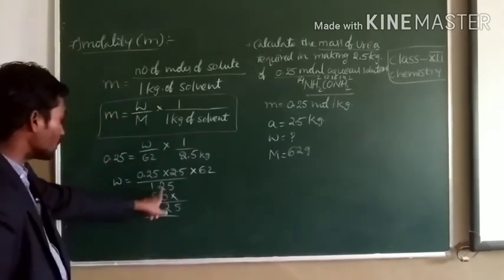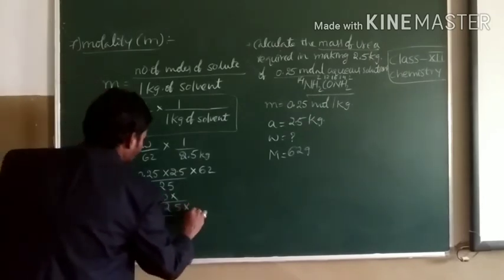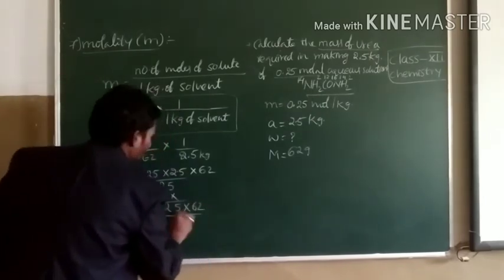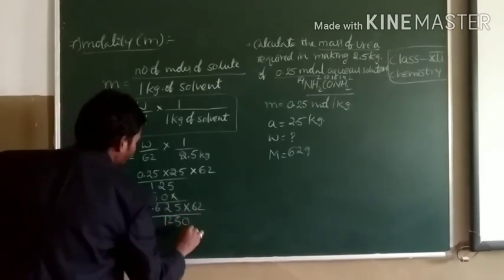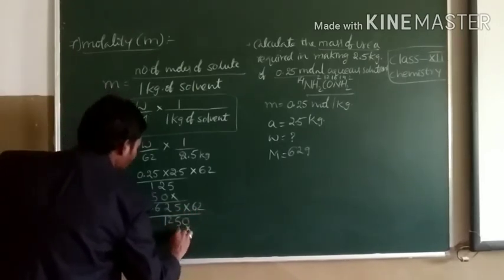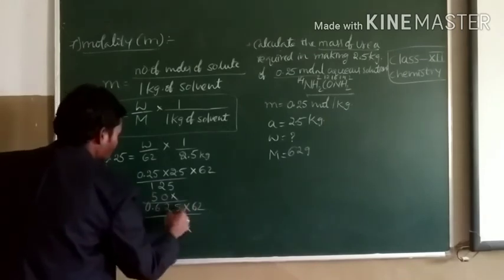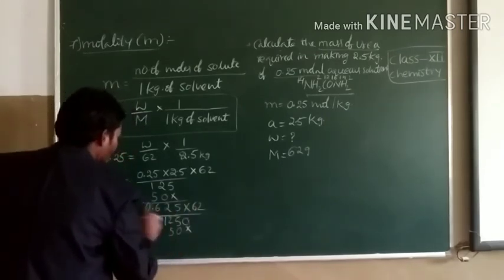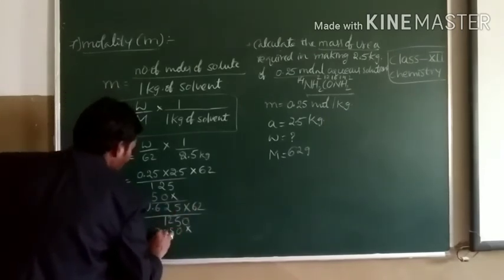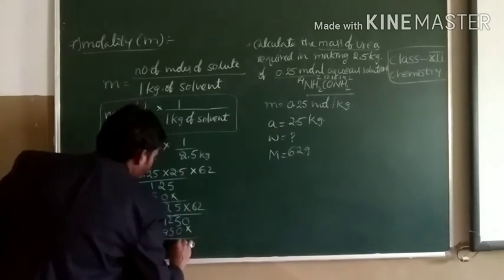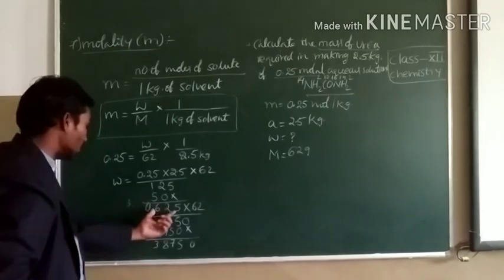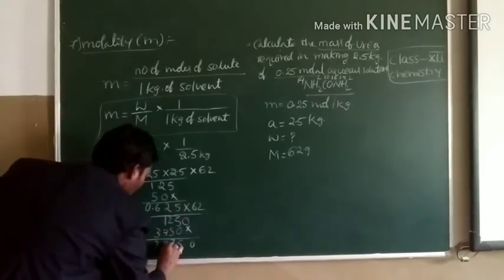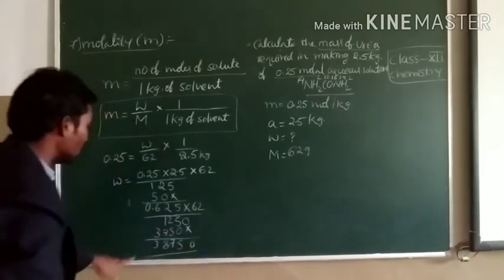So 0.625 into 62. 2 2s are 4, 6 2s are 12, 6 5s are 30 plus 3 is 33, and so on. We get 38.750, so we have to place the point here. 38.75, children.